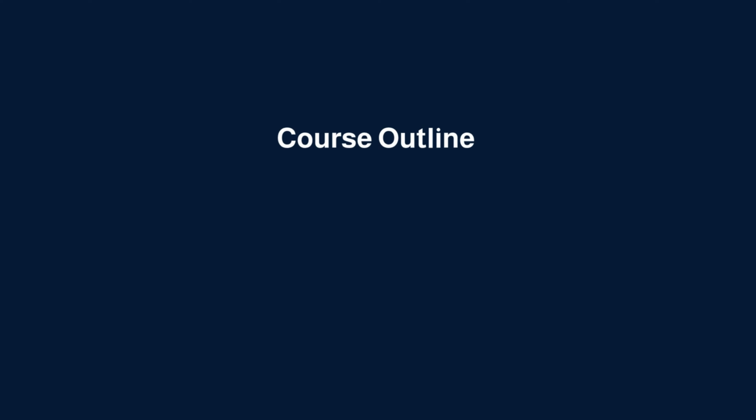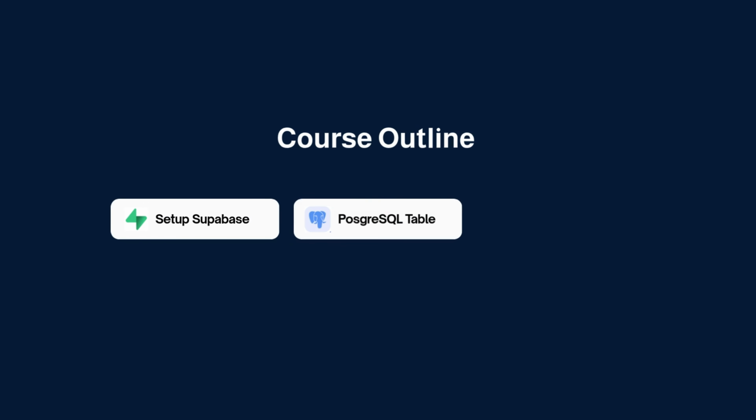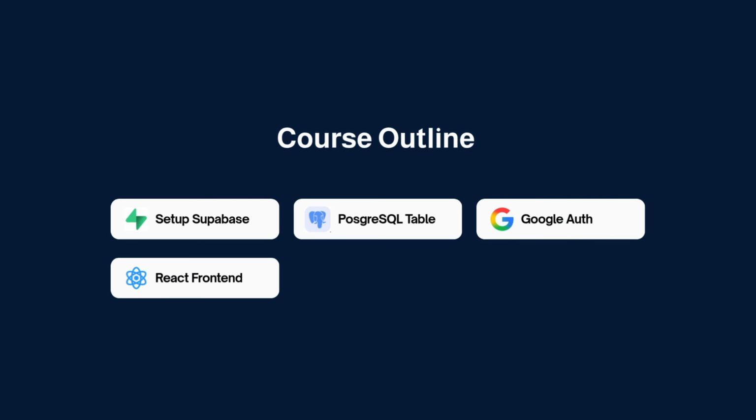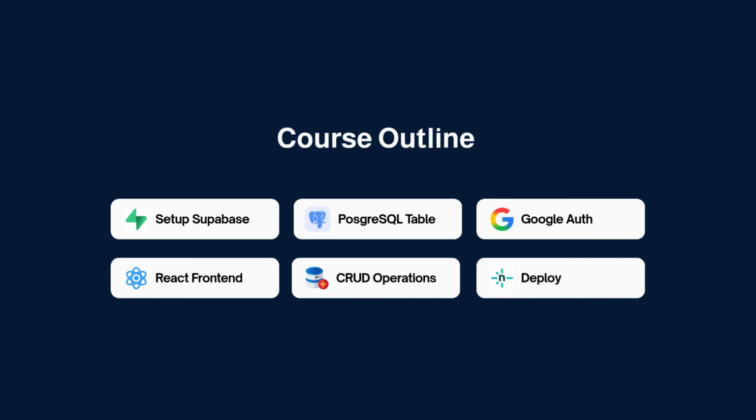So, by the end of this course, you will learn how to set up a Supabase project from scratch, create and manage your PostgreSQL tables using Table Editor, enable and configure Google Authentication, connect Supabase to your React frontend using the official client, perform CRUD operations such as create, read, update, and delete, make sure users only see their own data, and finally, deploy your full app to the web using Netlify.